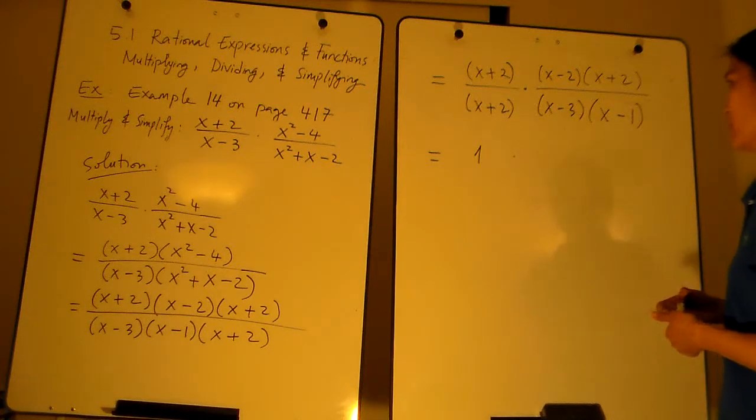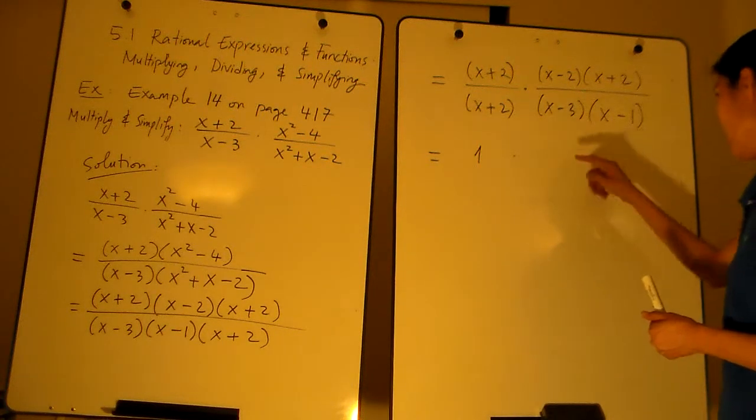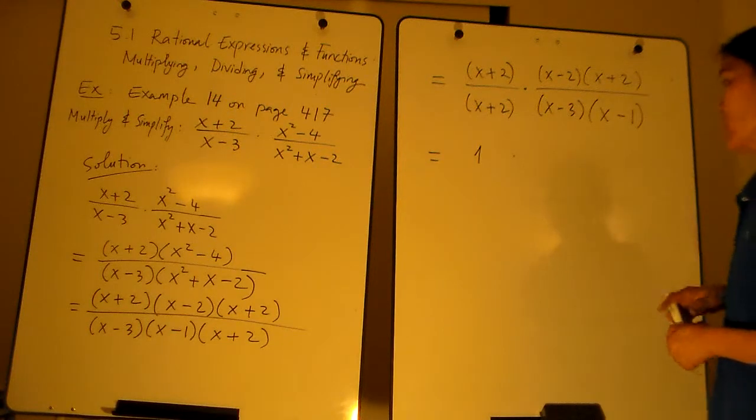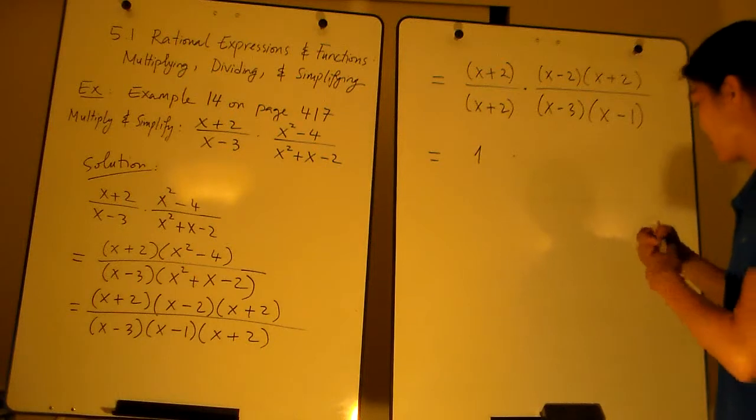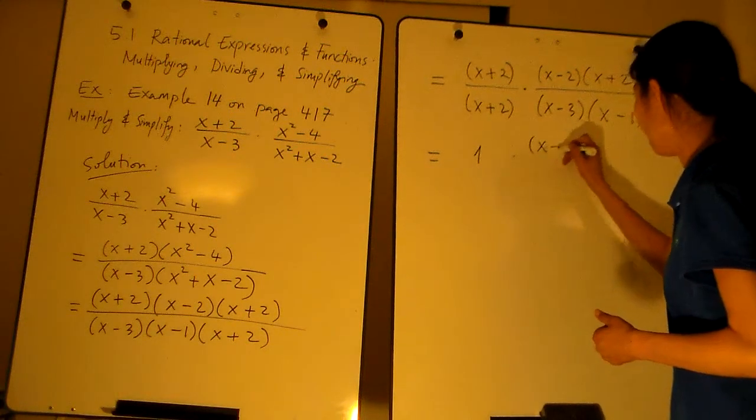it looks like you cannot factor any further, right? There's no x minus 2 here, there's no x plus 2 here. The same thing, there's no x minus 3 on top, there's no x minus 1 on top. So that's all you can get.